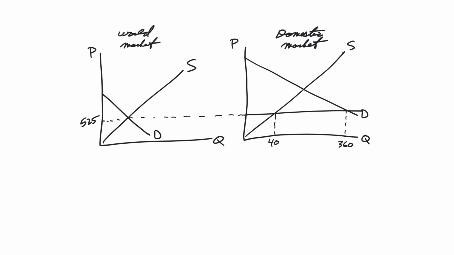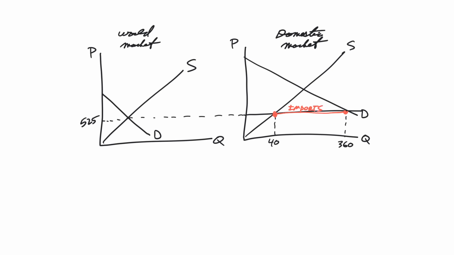So, how do consumers consume 360 units when there's only 40 being produced? Through trade. The difference between this point and this point, those are imports.